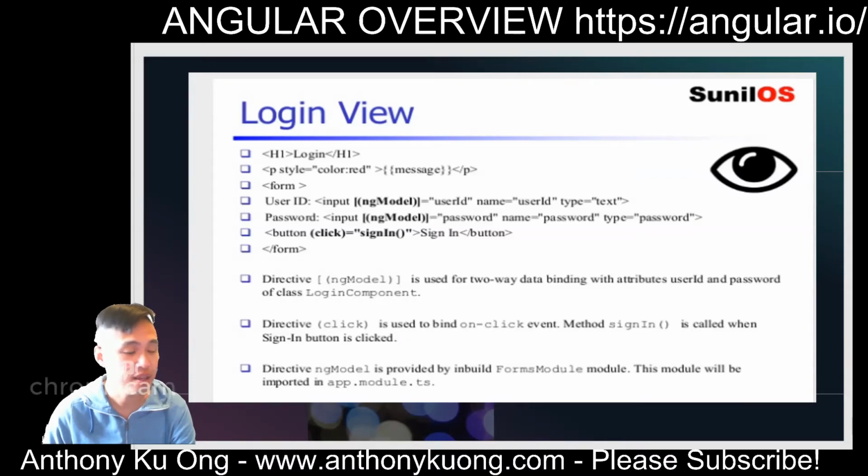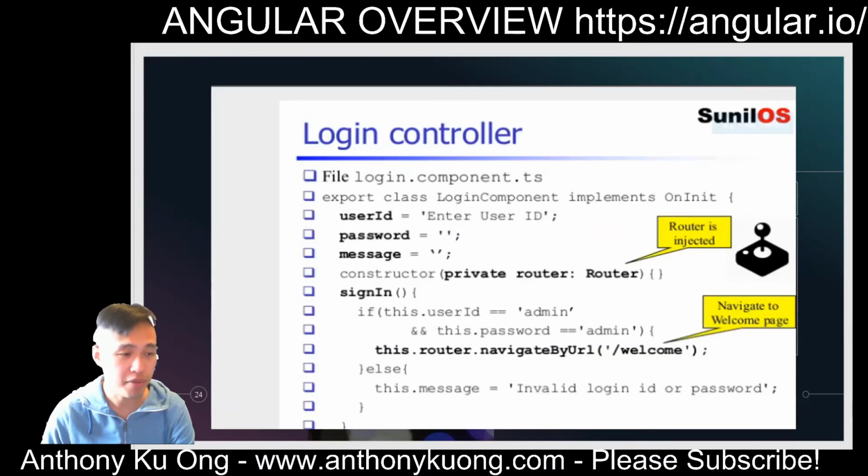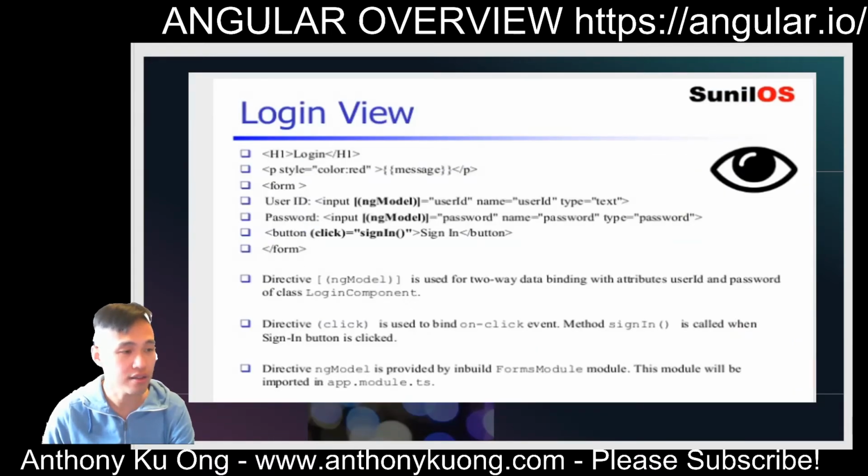We have different types of directives, and other ones like click. When a click is fired, you can bind it onto an event. Previously we were creating a sign-in button, so you would write the implementation of sign-in in the TS file, and on click, that logic would be executed when you click on the button.